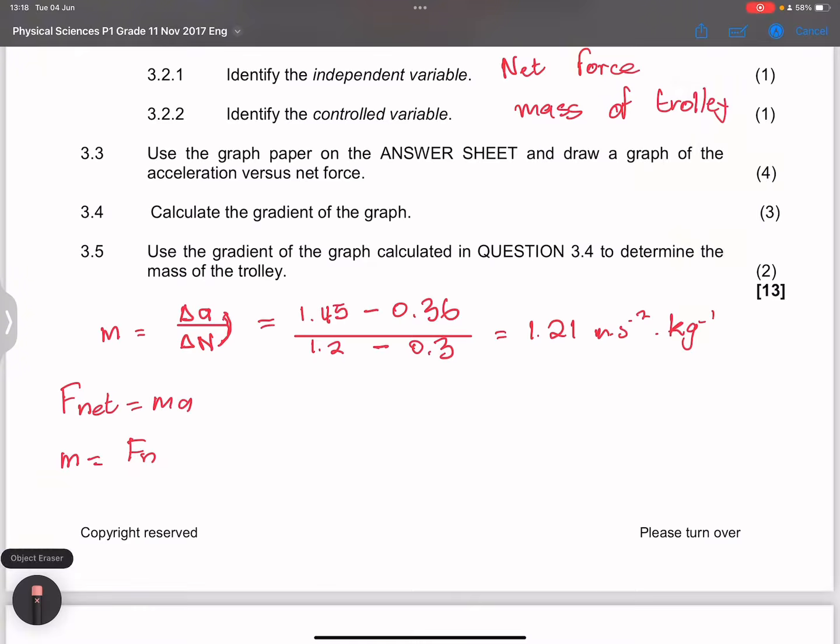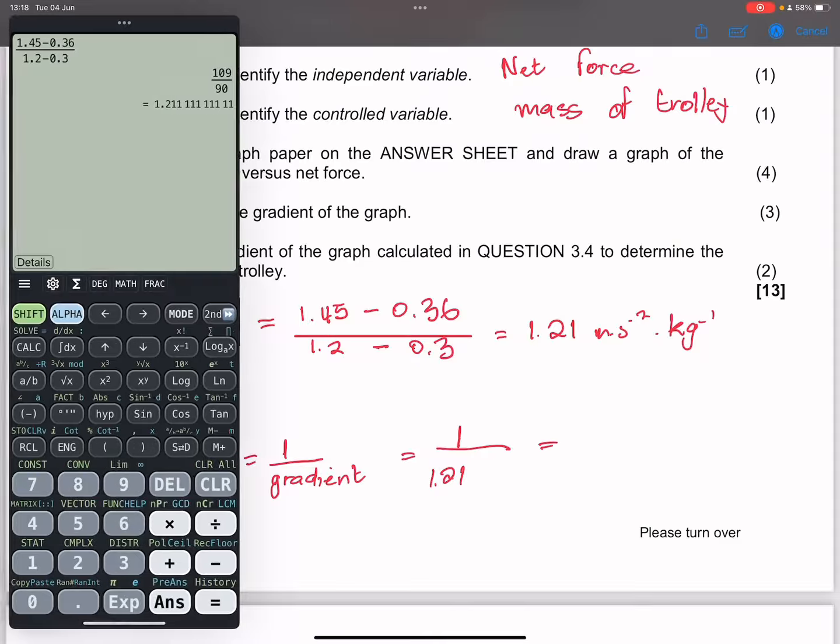So that means that the mass, that's 3.5, the mass would be 1 over the gradient. Okay, so that would be 1 over the gradient of the graph. So this would be 1 divided by that 1.21.